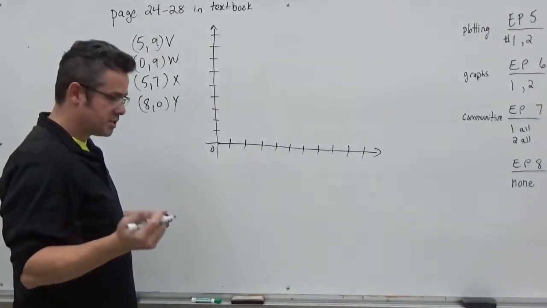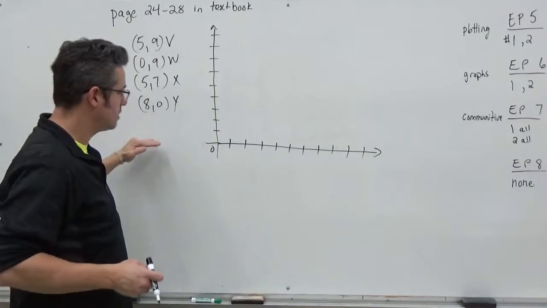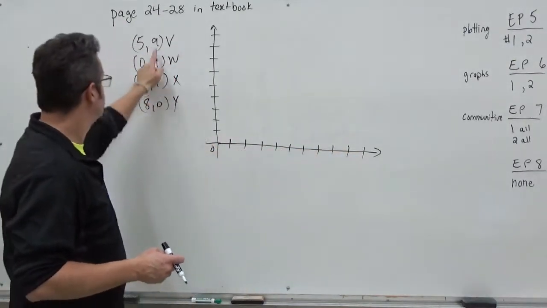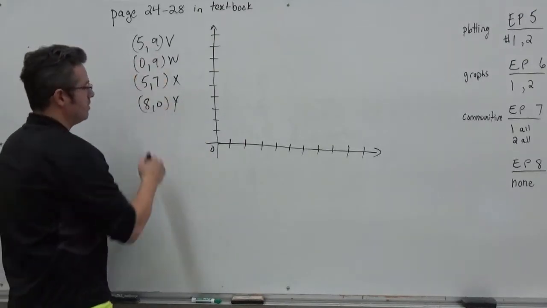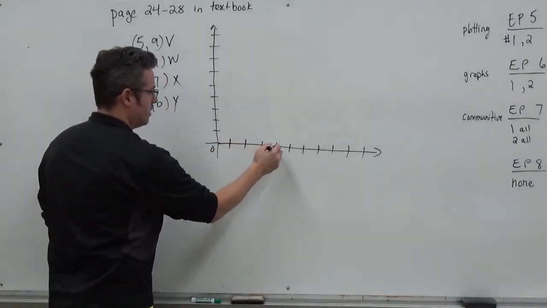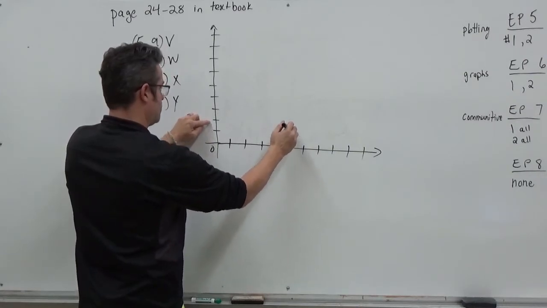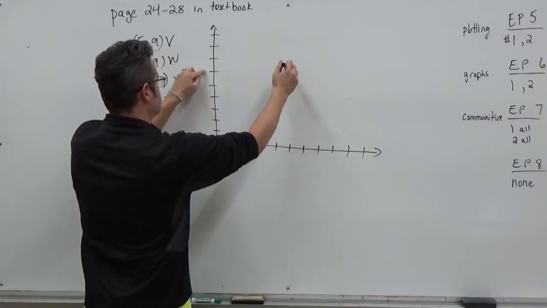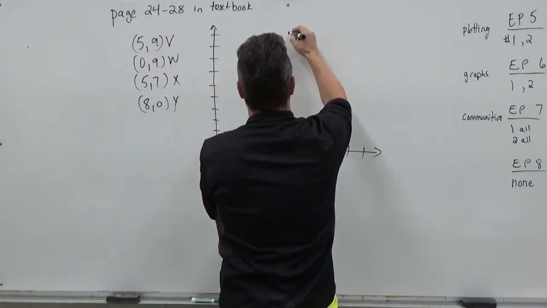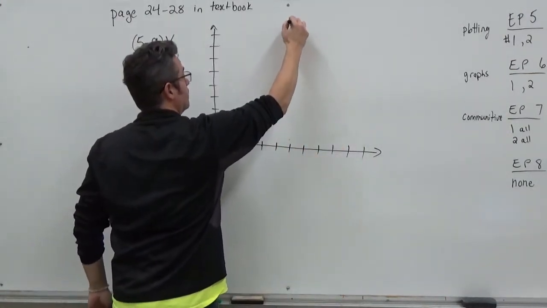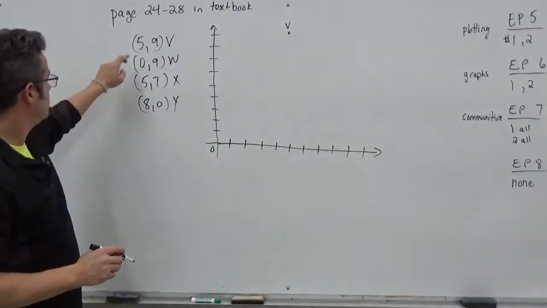But now we simply read the coordinates. First number is this movement. Second number is this movement. So (5, 9). 1, 2, 3, 4, 5. And then 1, 2, 3, 4, 5, 6, 7, 8, 9, right at the top. And that's V. So there's my point V. (0, 9).